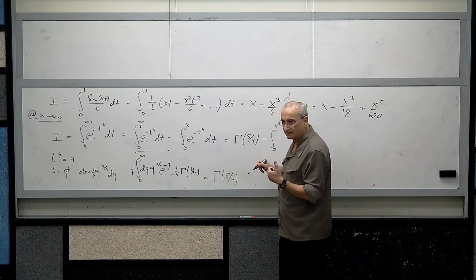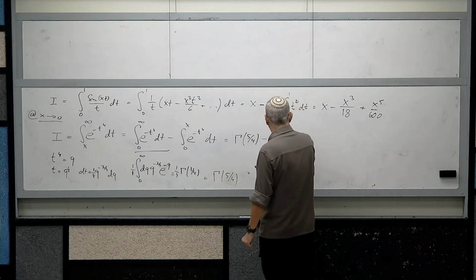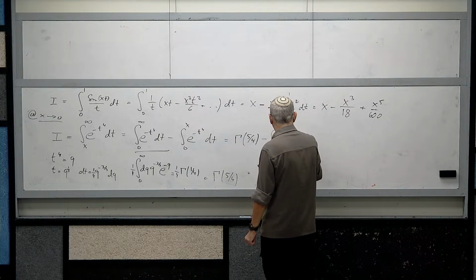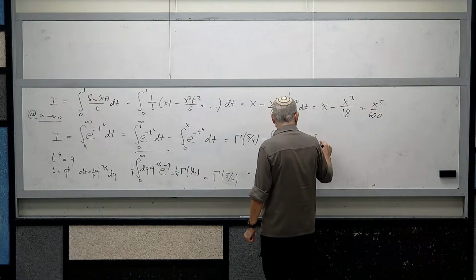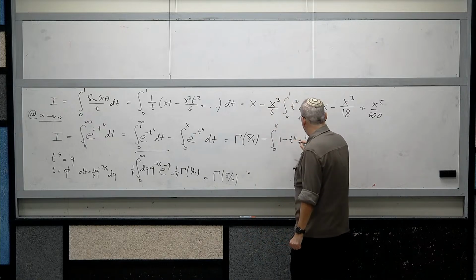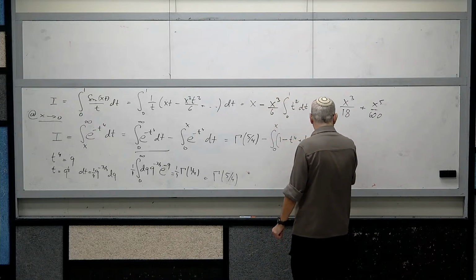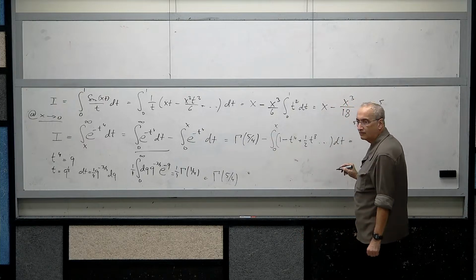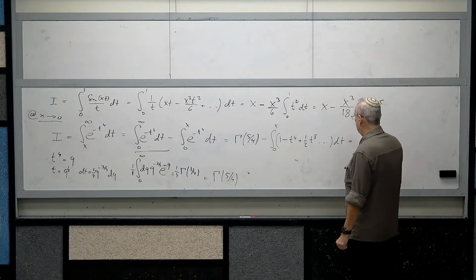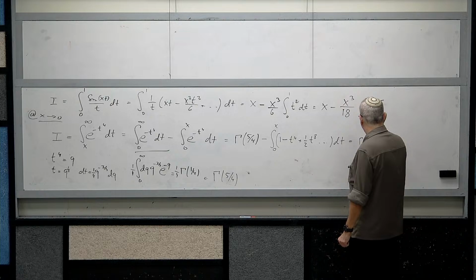That's a trick here. So I can write the exponent as 1 minus t to the 4 plus 1/2 t to the 8 blah blah blah dt.